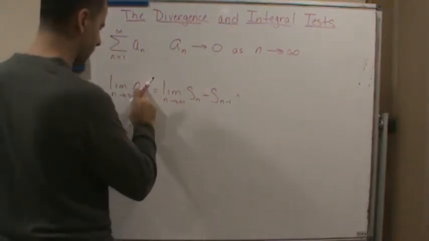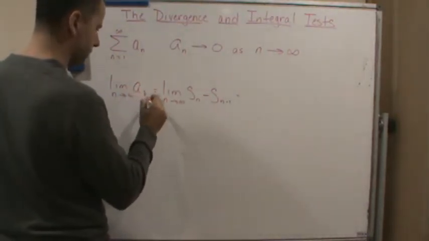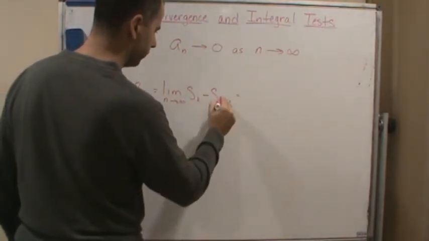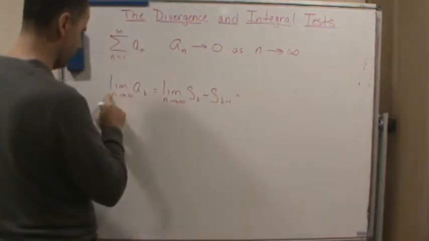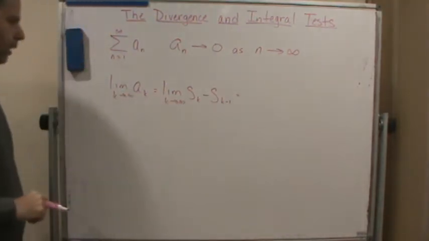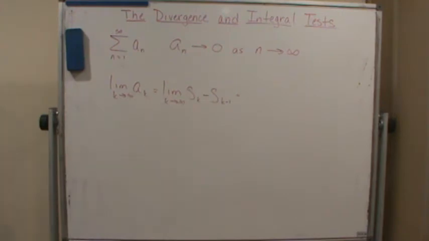Okay, nope. These should be k's because we're looking at partial sums. That's wrong.